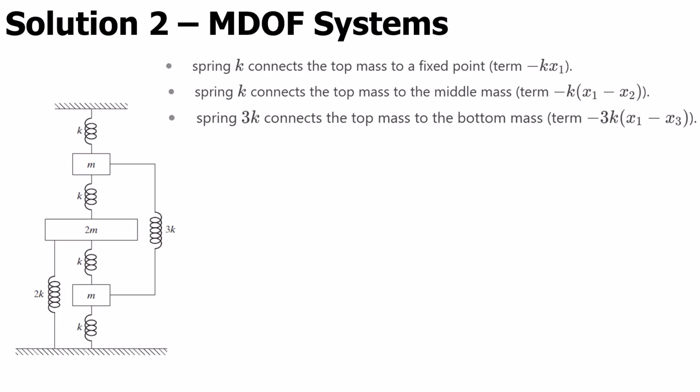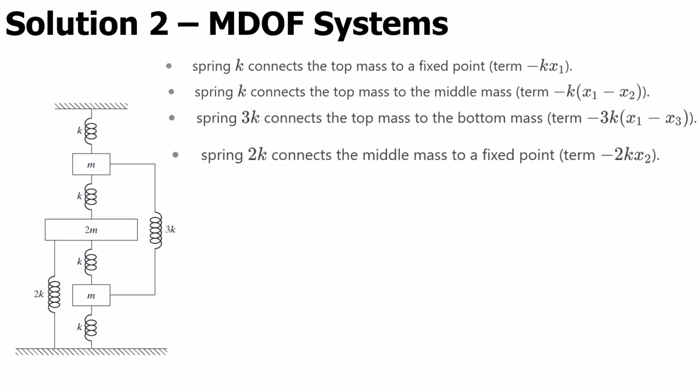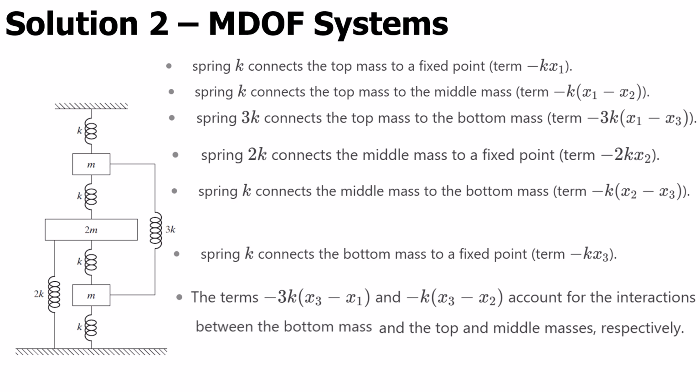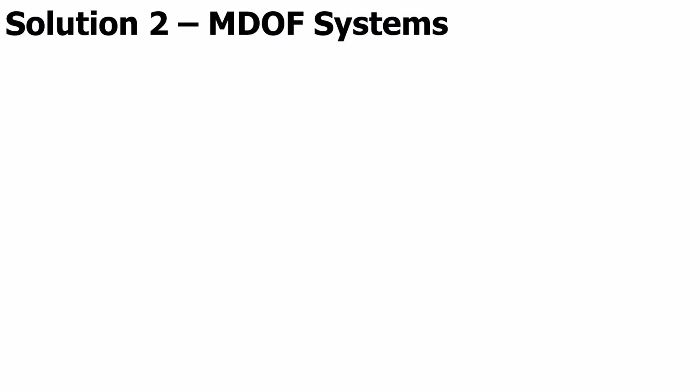The top mass is connected to a fixed point by a spring K, and to the middle and bottom masses by springs K and 3K respectively. The middle mass is anchored by a spring 2K and connected to the bottom mass by another spring K. The bottom mass is fixed to the ground by a spring K and interacts with the other masses via springs 3K and K. So let's start with the top mass m.